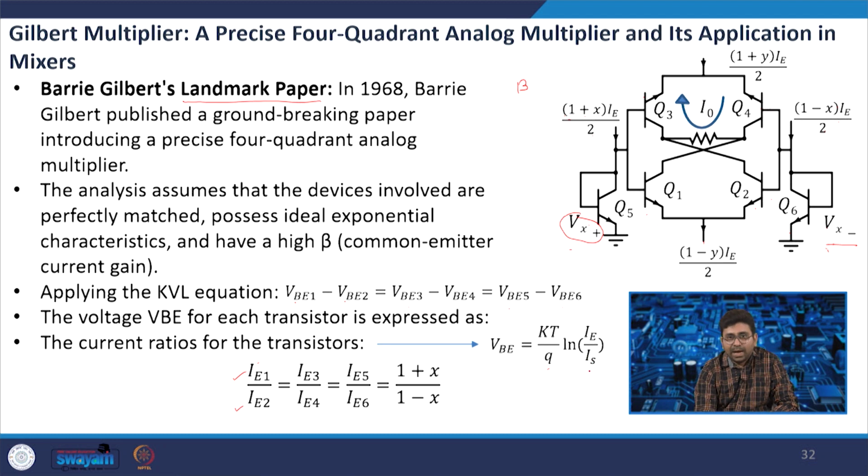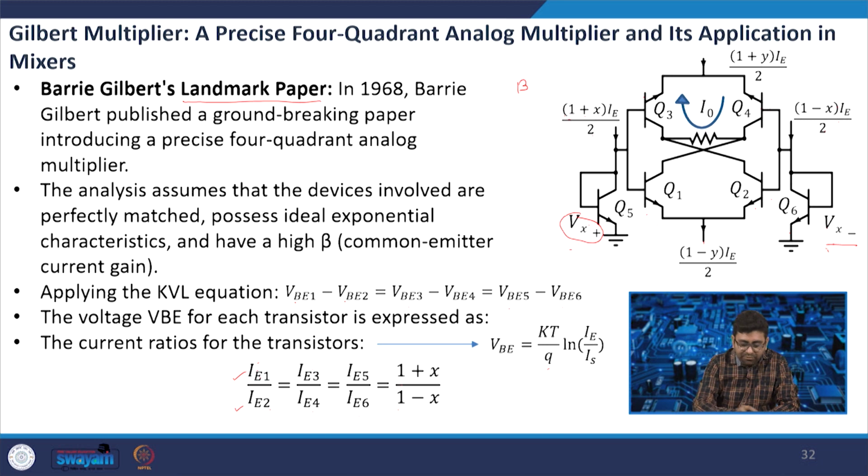If IS is a constant, I1 by I2 equals I3 by I4 equals I5 by I6, which is 1 plus x by 1 minus x. So the ratio of the currents between 1 and 2, 3 and 4, 5 and 6 is given by 1 plus x over 1 minus x.